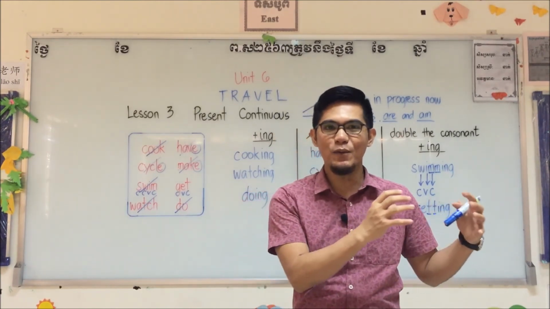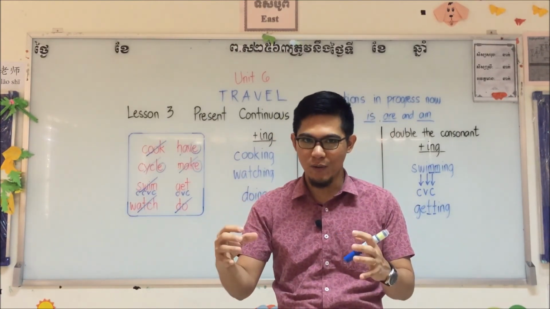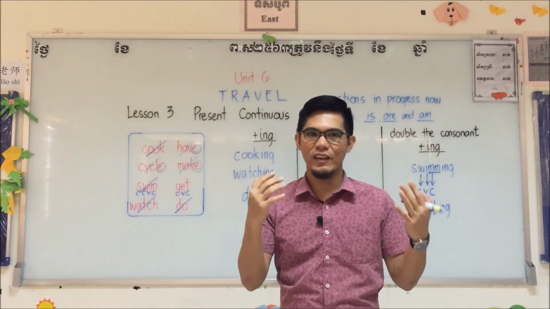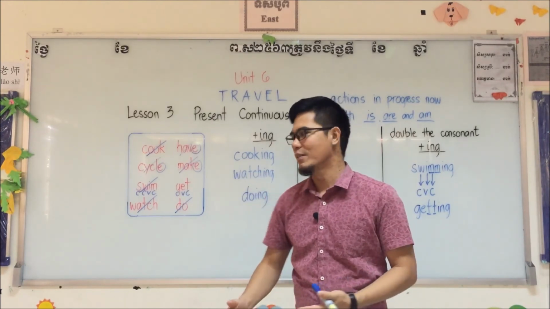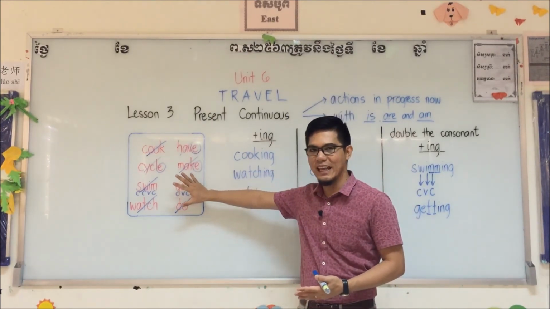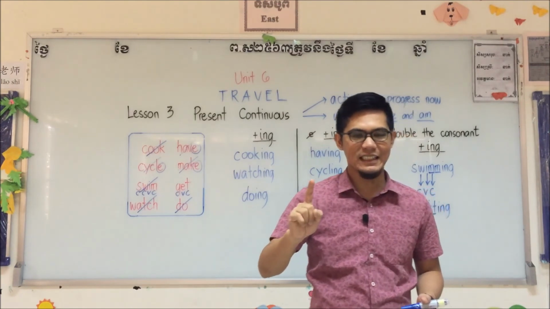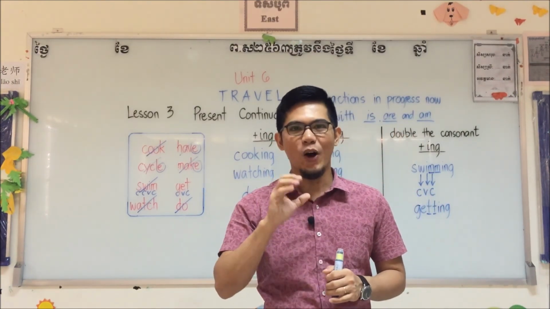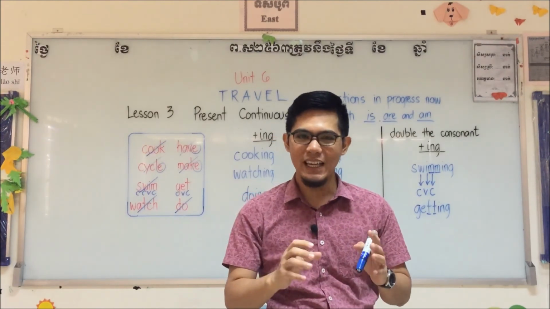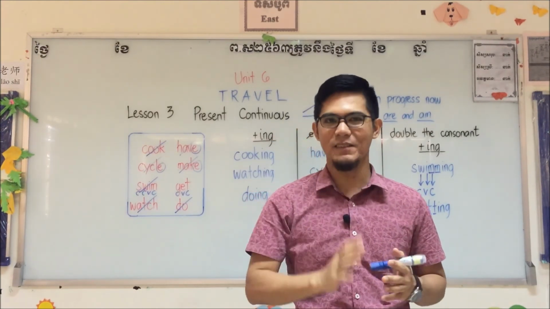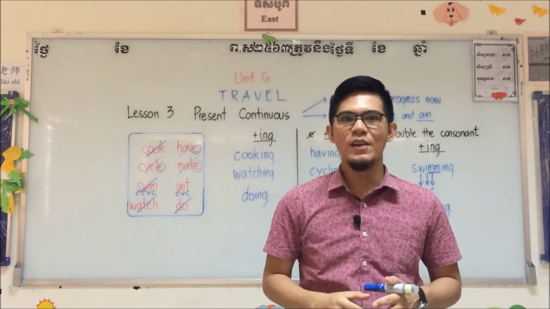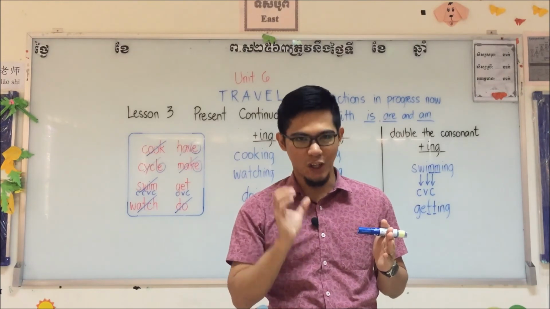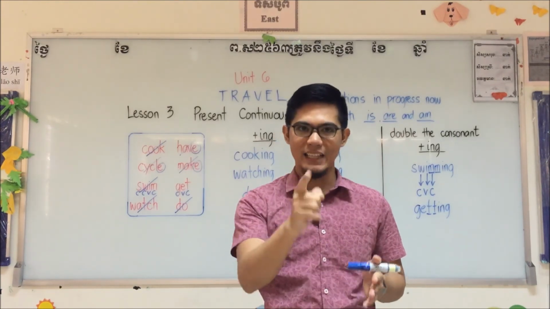So I gave you the 3 rules from these 8 verbs. Rule number 1, simply add ing. Rule number 2, all verbs that end with E, remove the E and add ing. And rule number 3, verbs that end with consonant, vowel, consonant, double the consonant, and add ing.